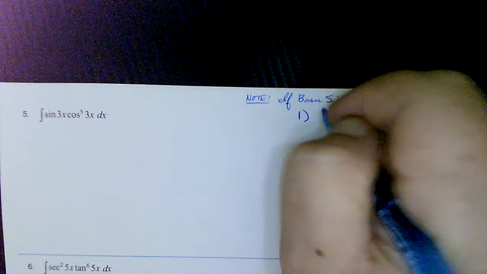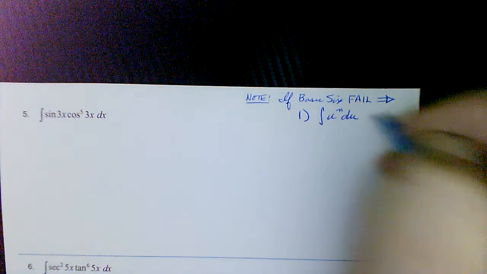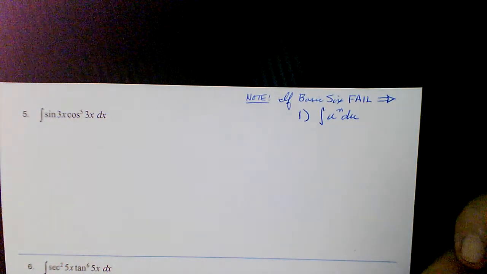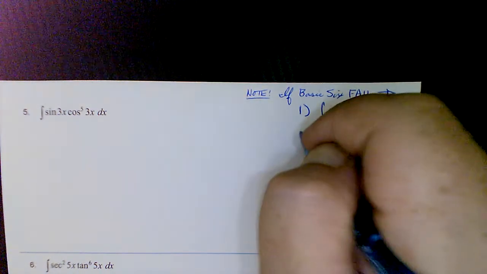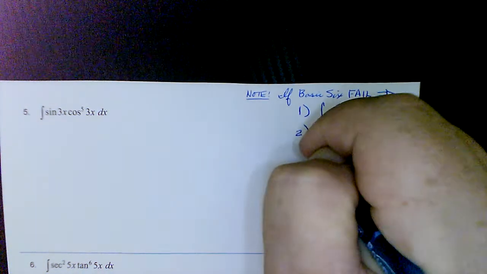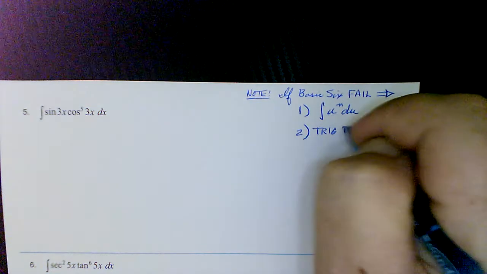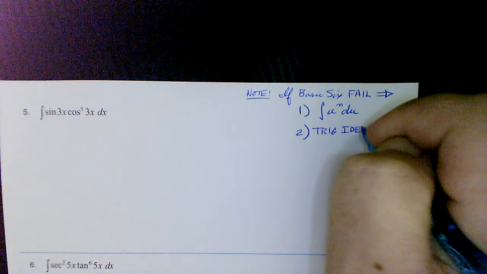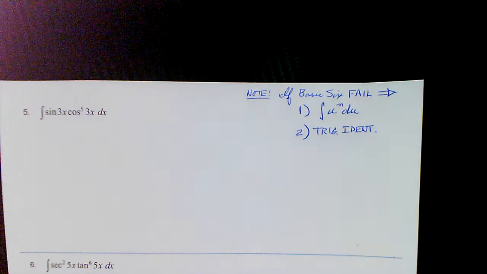First one, try to fit the form of u to the n with respect to u by picking u to be the entire trigonometric function that's being raised to a power. And then worst case, if that doesn't work, your favorite, trig identities. And of course I was being facetious when I said that as being your favorite.